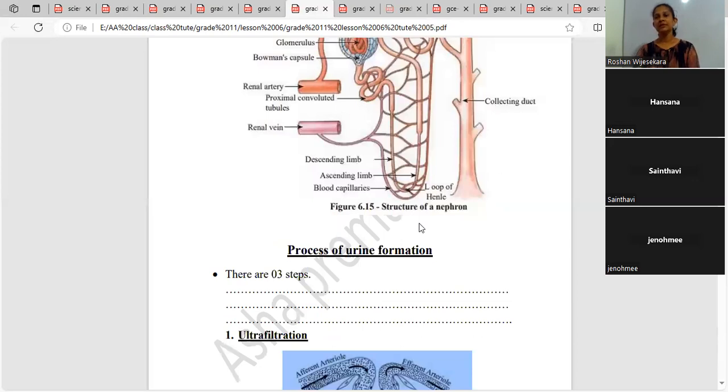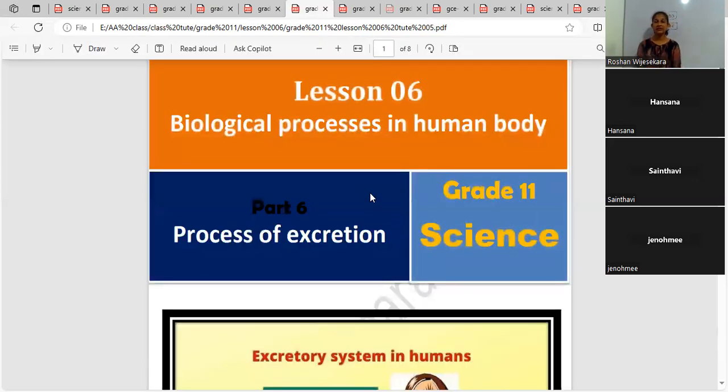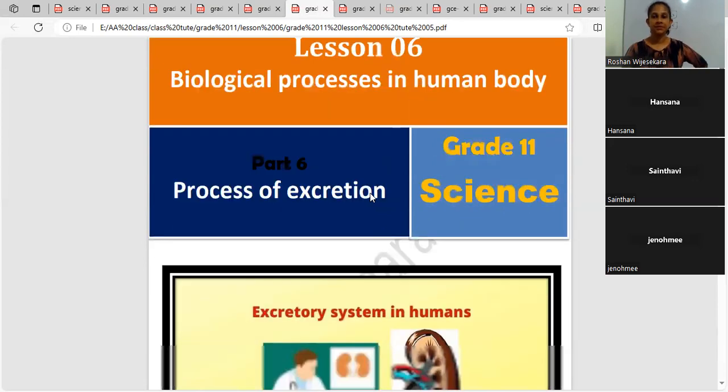That is respiration. And then we discuss excretion, the process of excretion. After the digestive system and the respiratory system, we discuss the excretory system.